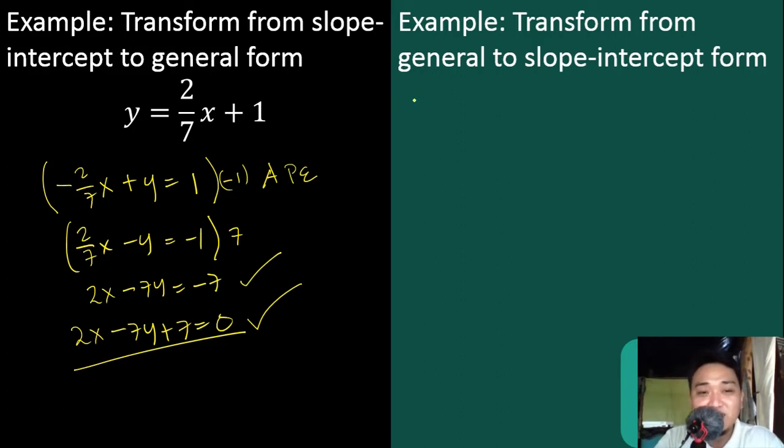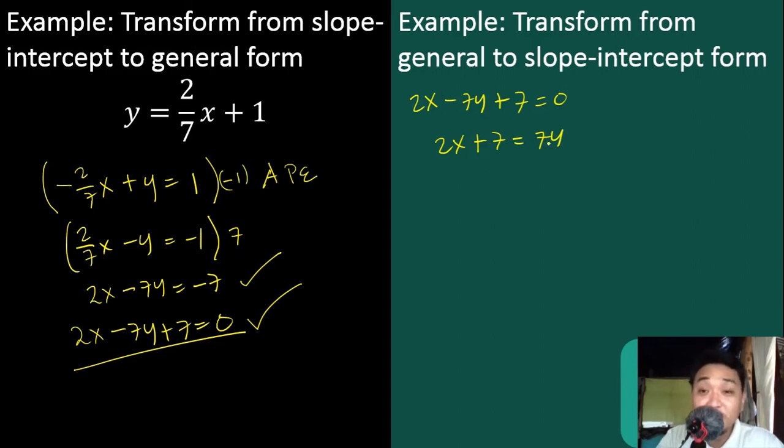So, mangyayari niyan, let us just copy 2x minus 7y plus 7 is equivalent to 0. In this case, imbis na is-transpose natin si 2x at saka si 7, dalawa pa yung ita-transpose natin, ito na lang, transpose natin siya. So that will become 2x plus 7 is equivalent to positive 7y.